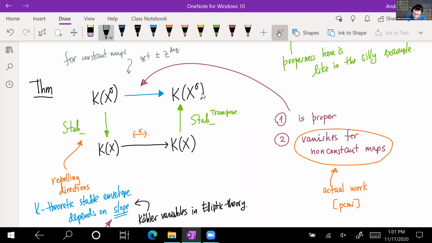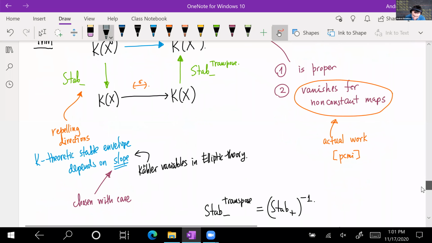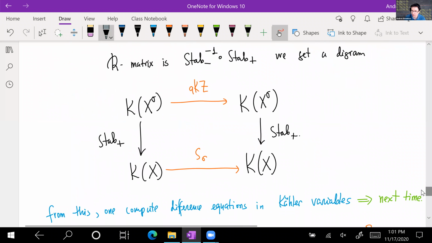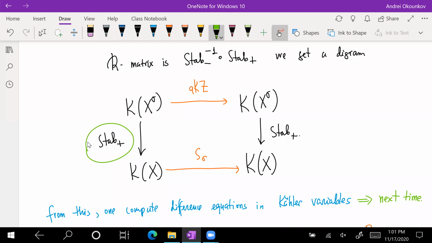Now from this diagram we just rewrite definitions and arrive at this diagram. Rewriting definitions means we have to rename the vertical arrows, and if we replace stab plus with stab minus with stab plus, we have to put the R matrix in. If we replace this arrow, then on this side we have to put the R matrix in, and this R matrix is exactly what appears.